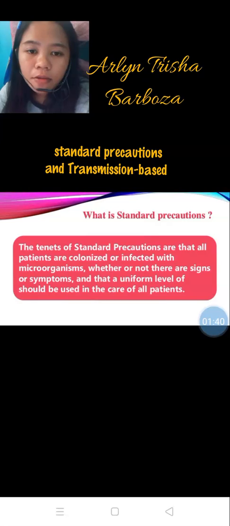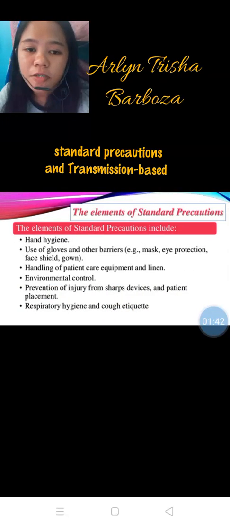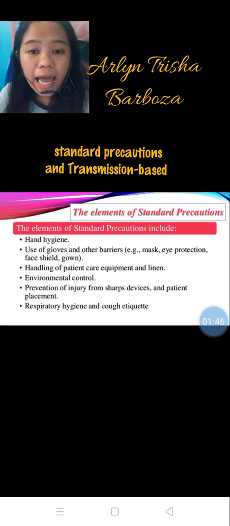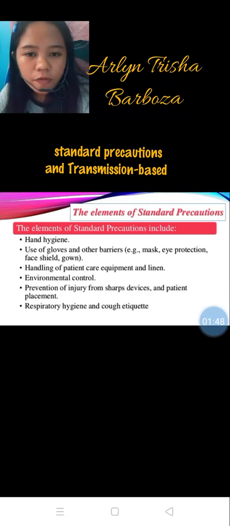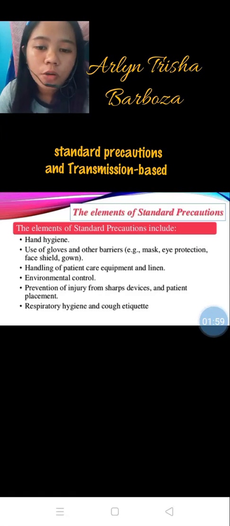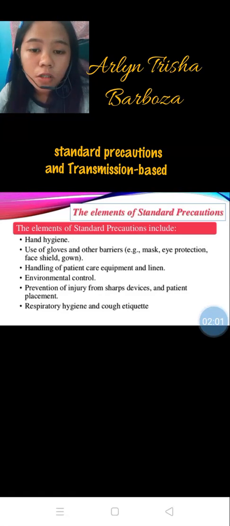So, the elements of standard precautions include hand hygiene, use of gloves, and other barriers like mask, eye protection, face shield, gown, handling of patient care equipment and linen, environmental control, prevention of injury from sharp devices, patient placement, and respiratory hygiene and cough etiquette.